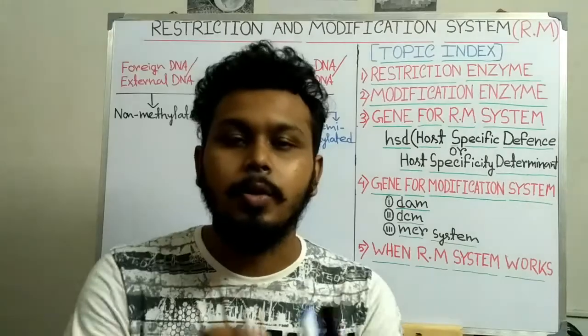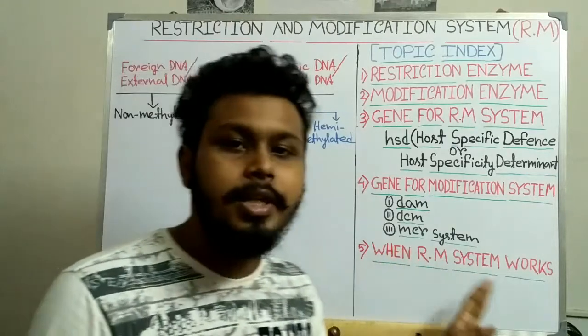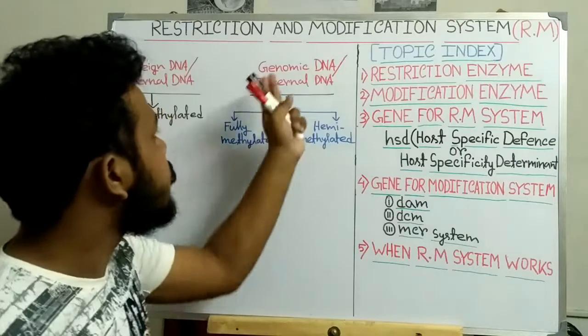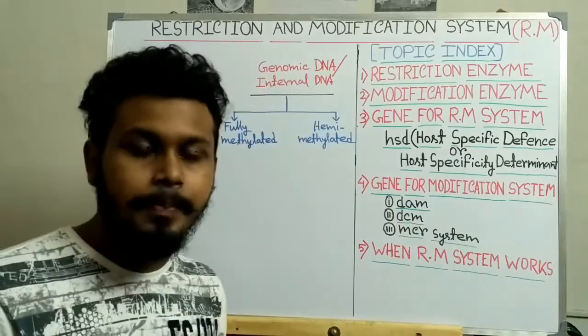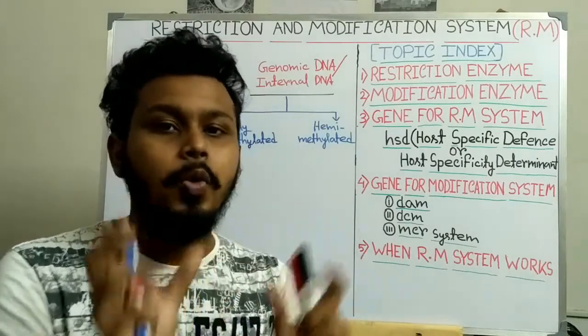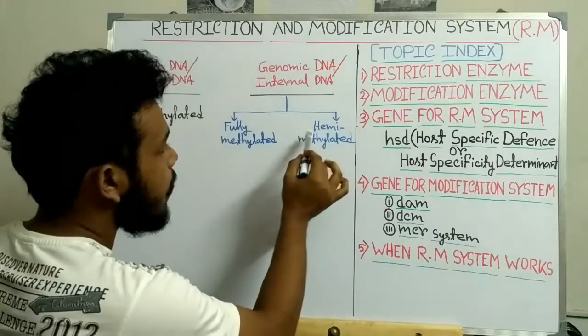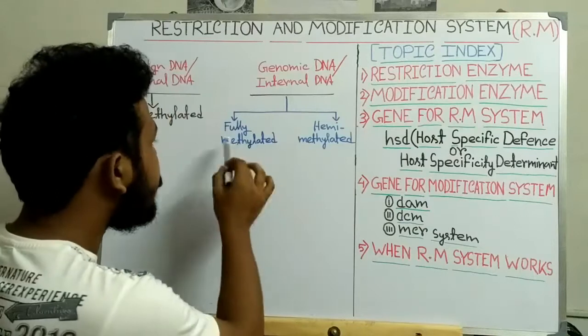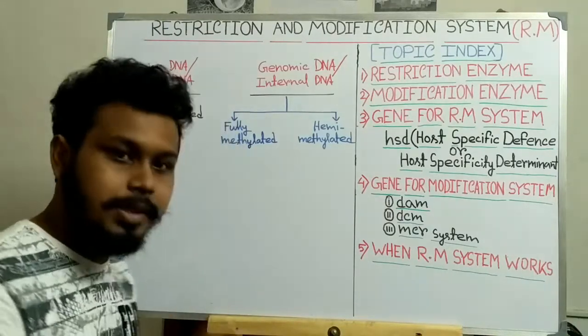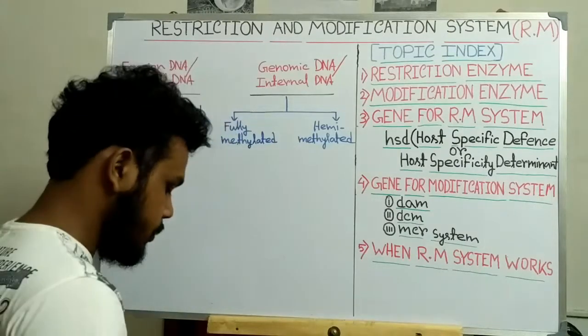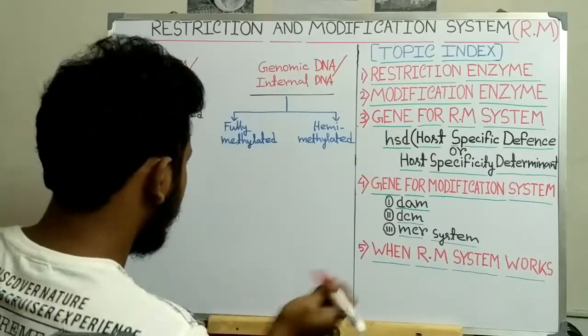Okay, now the question is when the restriction modification system works. So in case of genomic DNA or internal DNA, the DNA can be present in two forms, that is the fully methylated form or the hemimethylated form. In fully methylated form, that means in both DNA strands the methylation is present.